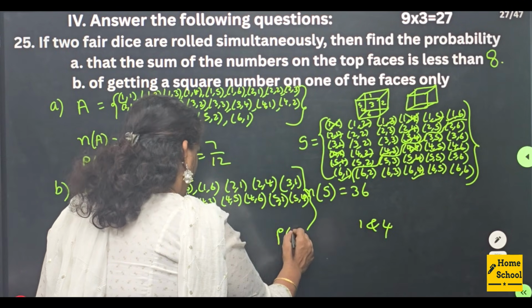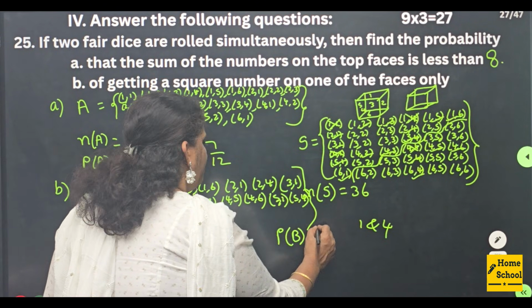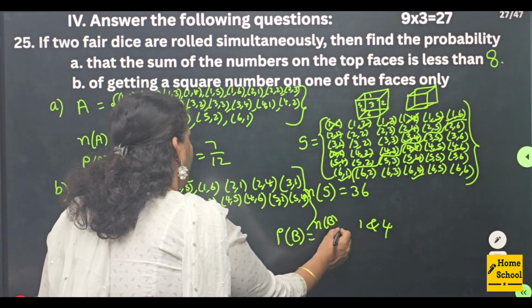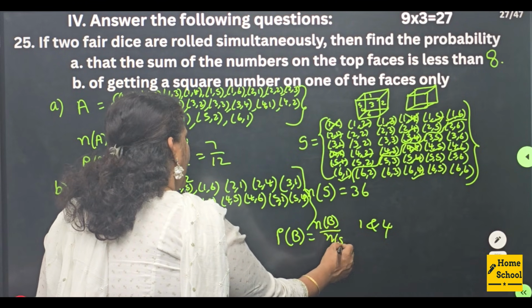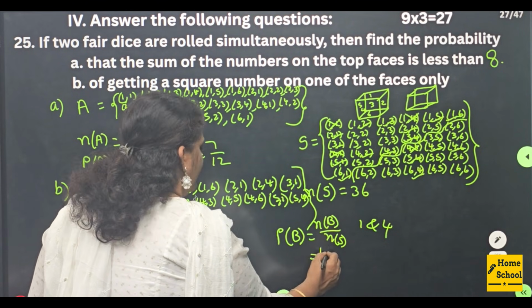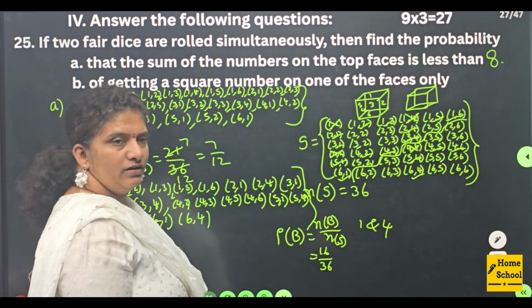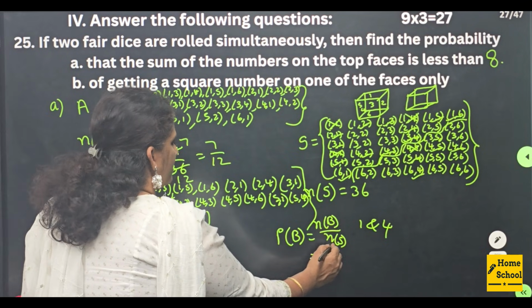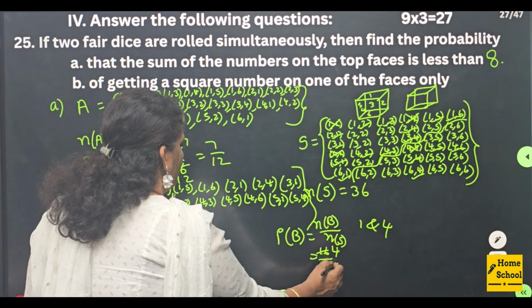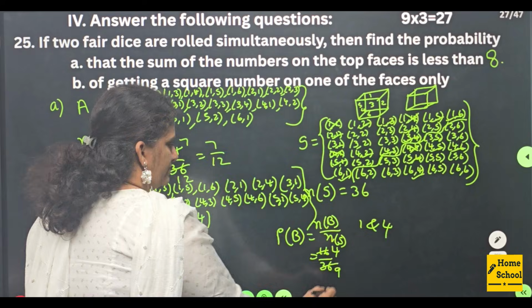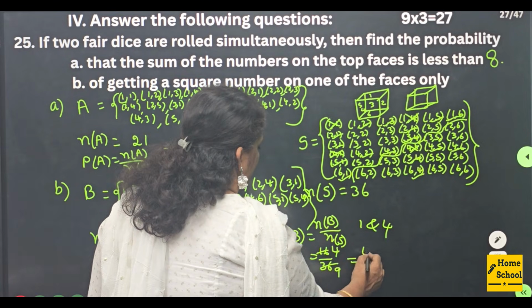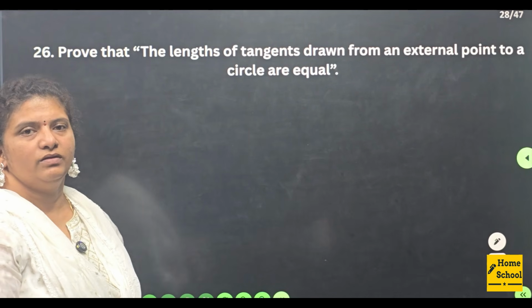We know P of B is equal to N of B by N of S. N of B is 16 and N of S is 36. 4 4s are 16, 4 9s are 36. Therefore, your answer is 4 by 9.